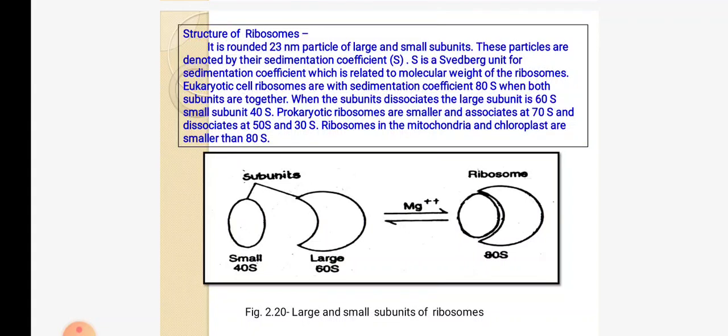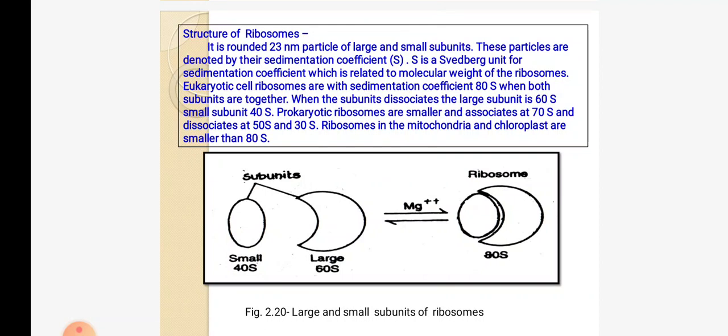It is a rounded 23 nm particle of large and small subunits. These particles are denoted by their sedimentation coefficient. S is a Svedberg unit for sedimentation coefficient, which is related to the molecular weight of the ribosome.